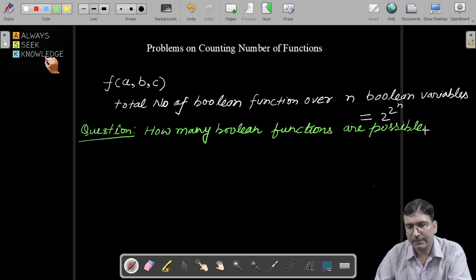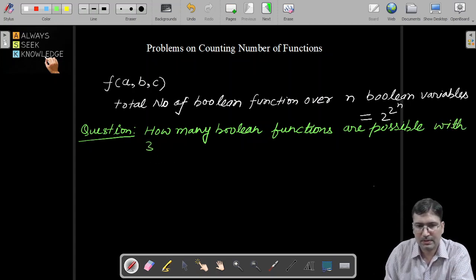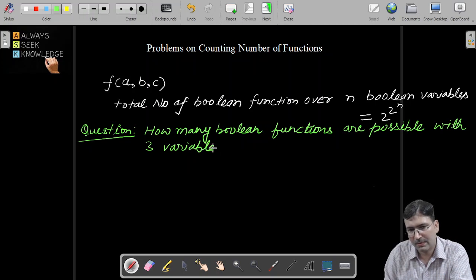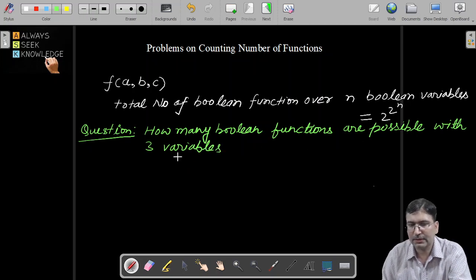So let's consider three variables. If I say this, you can apply the formula 2 to the power 2 to the power n. But now I am specifying further conditions, so I am not asking for all, which will be 2 to the power 2 to the power 3, that is 2 to the power 8, right? But I'm asking something very specific.